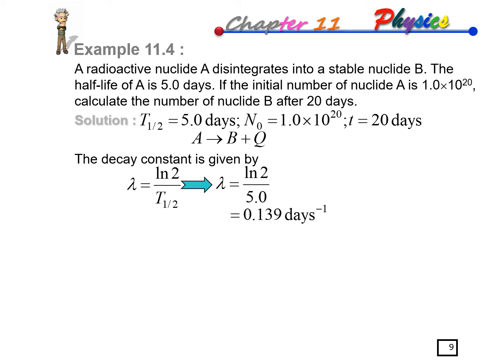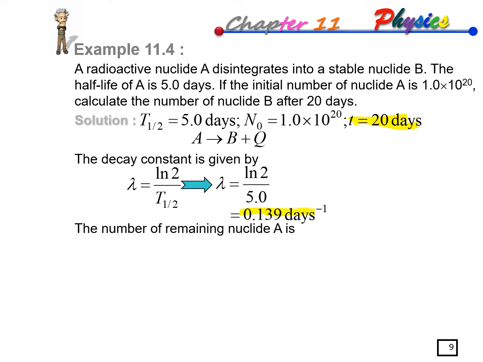Whenever we do a calculation, make sure the unit of the decay constant and the time period are in the same unit. For example, if your decay constant is per year, then your time has to be in years also. If it is in seconds, then the time has to be in seconds. So make sure you use the same unit in the calculation.